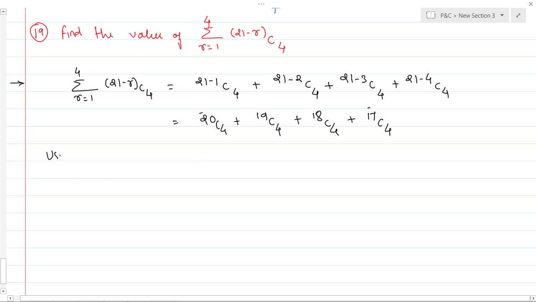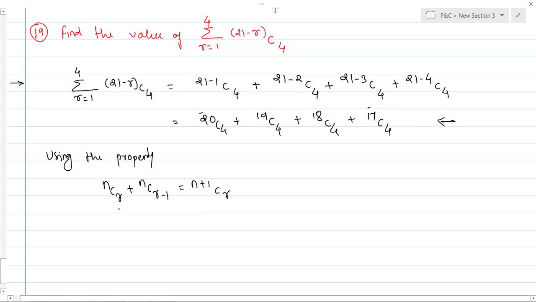using the property nCr plus nCr minus 1 is equal to n plus 1 Cr, how can we write? Here if you observe, we have different values of n but the same values of r in this given question.